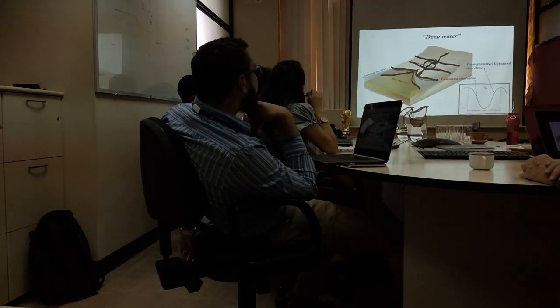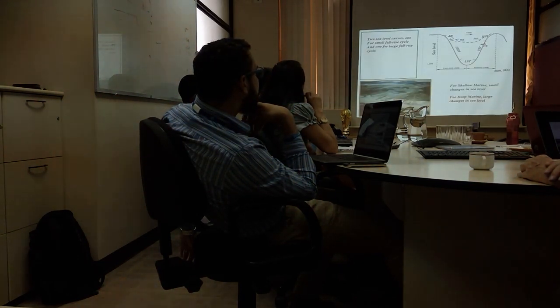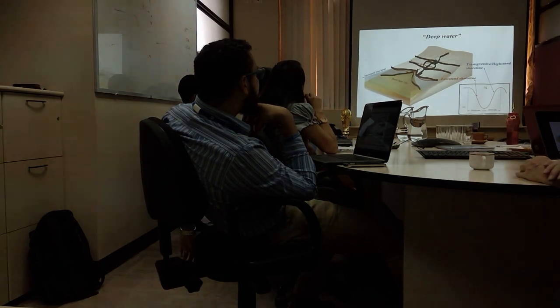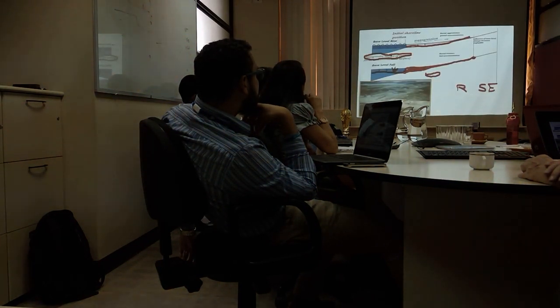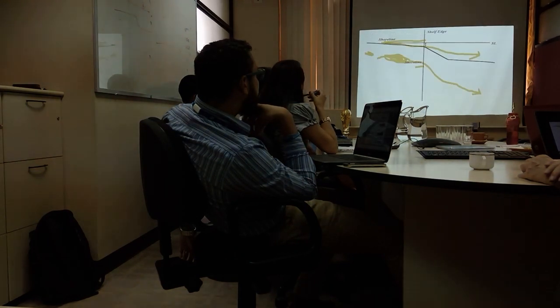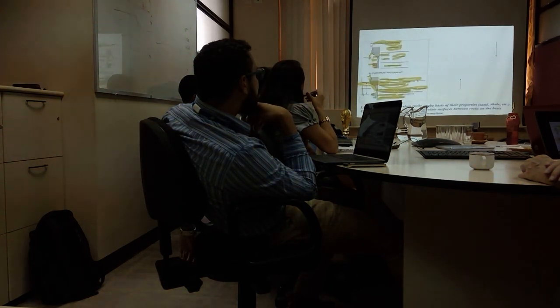So at that instant in time, no submarine fans. What I get is a surface of non-deposition. So I still have a sequence boundary or an unconformity, but no low stand systems tract, because I'm up on a shelf.